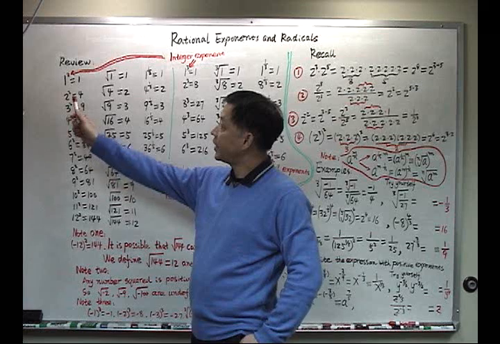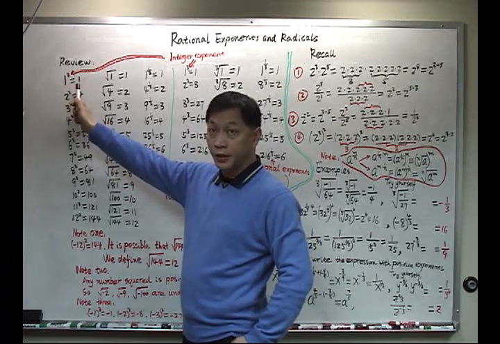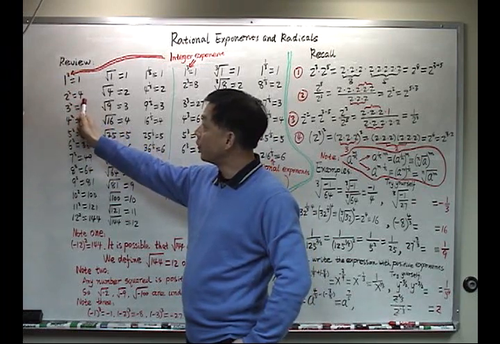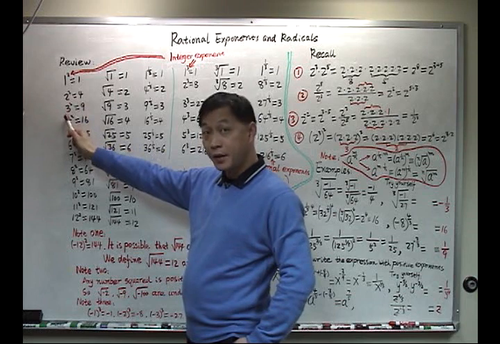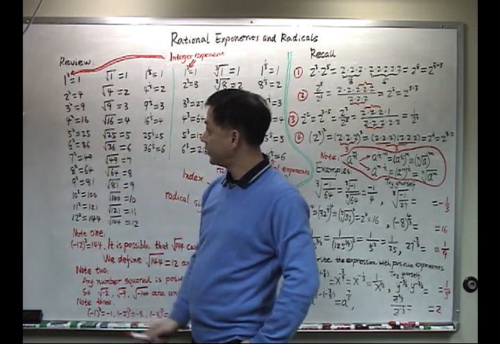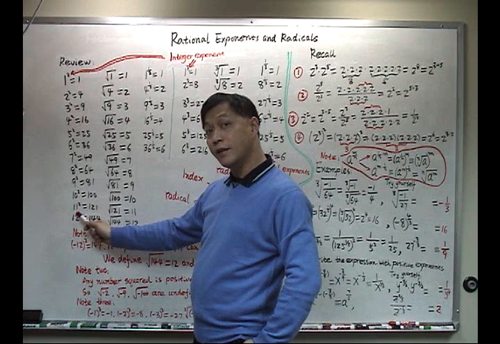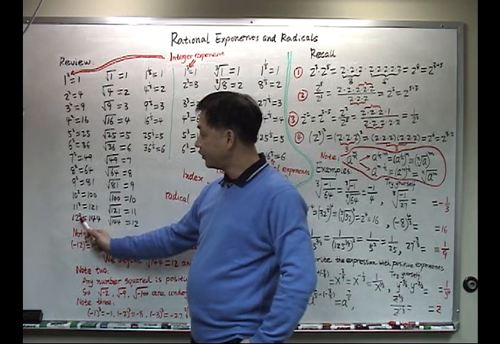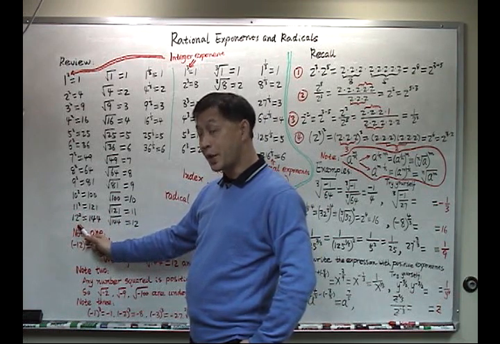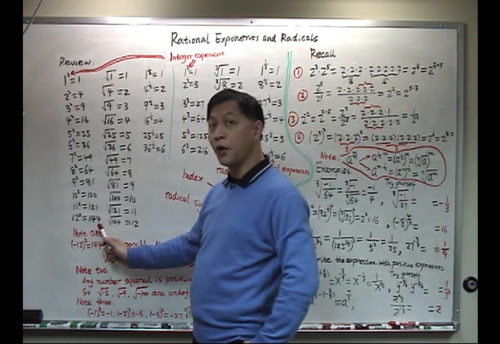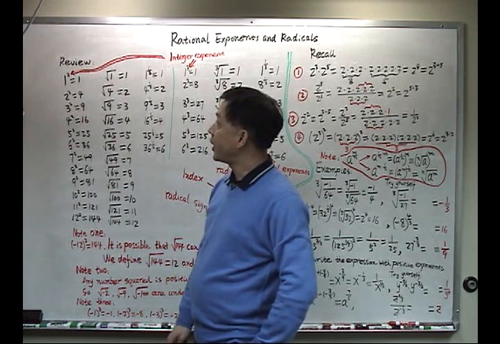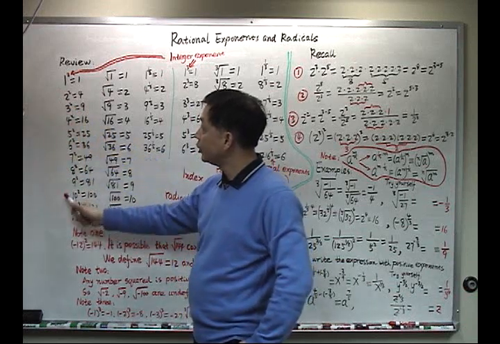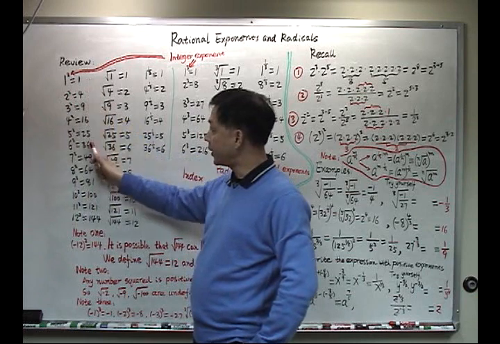The first one says that 1 squared is 1, 2 squared, 2 times 2, is 4, 3 squared, 3 times 3, is 9, 11 squared, 11 times 11, is 121. 12 squared is 12 times 12, which is 144. Here you have a given number, you square it, and you have the second column.